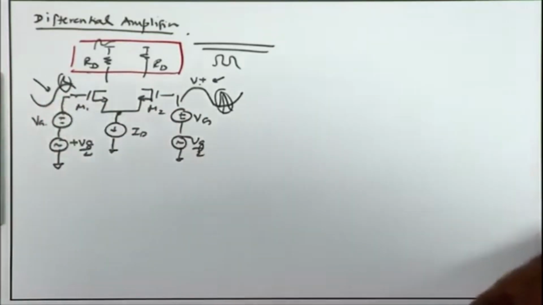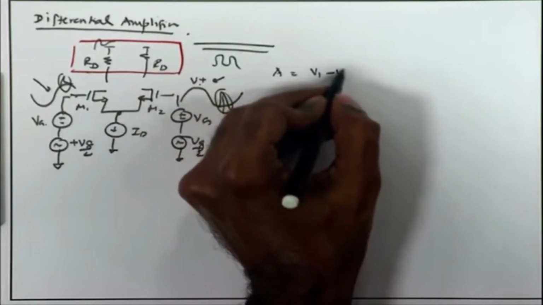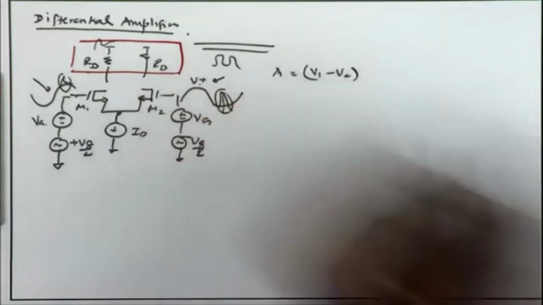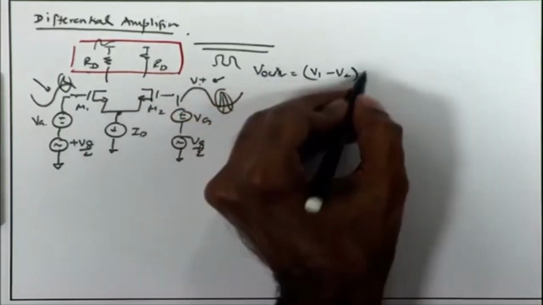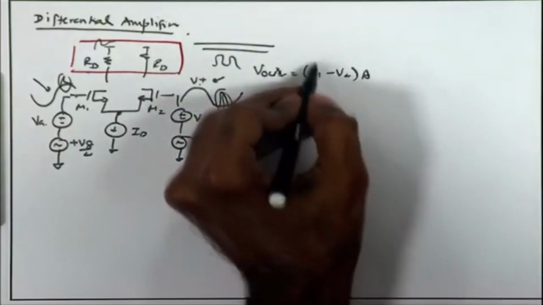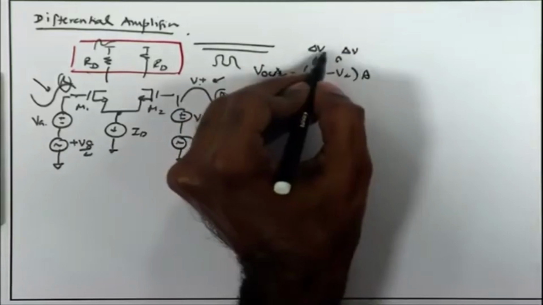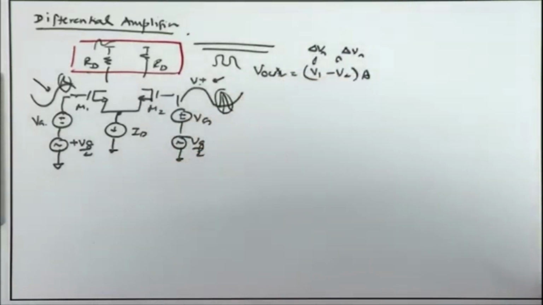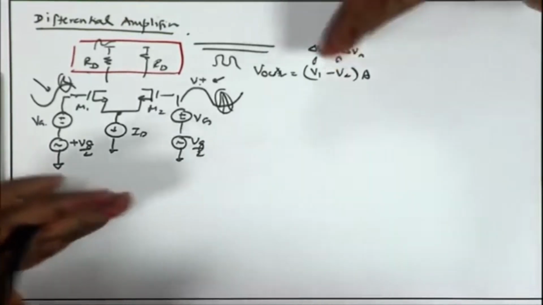The main operation of the differential amplifier is that the output, V out, should be A times (V1 minus V2), that is, V plus minus V minus. If you have a common disturbance delta V on both of them, which is a common noise Vn, that should get cancelled. That is the ideal operation of a differential amplifier, cancelling out any common mode disturbance.